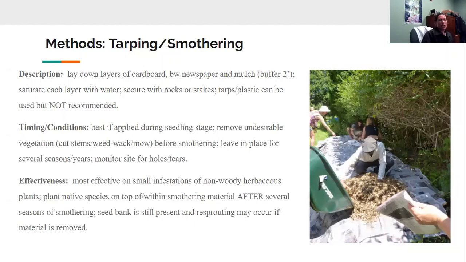And then if for any reason you decide to remove the smothering material, just be aware that you may still have a seed bank and that you may still see sprouts coming in. And so you need to monitor the site.